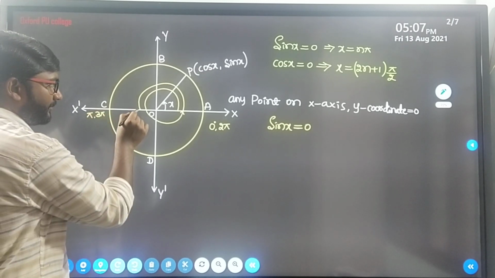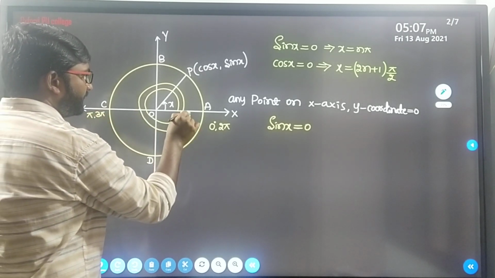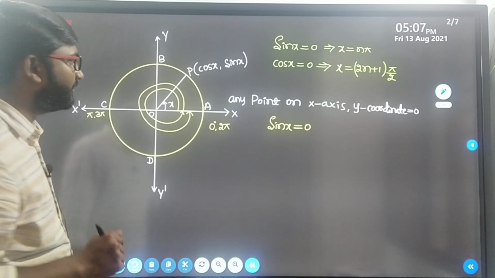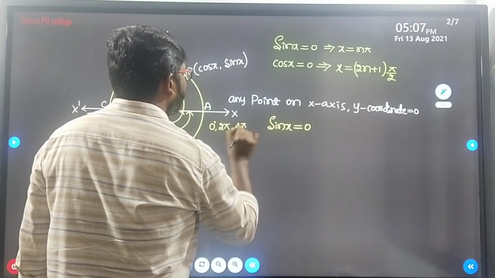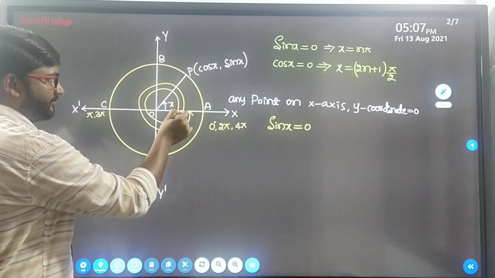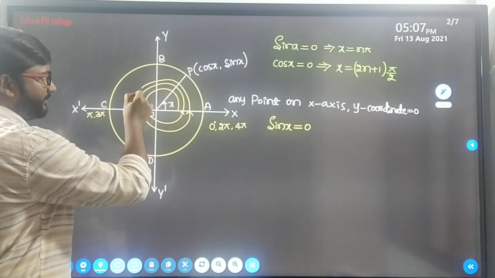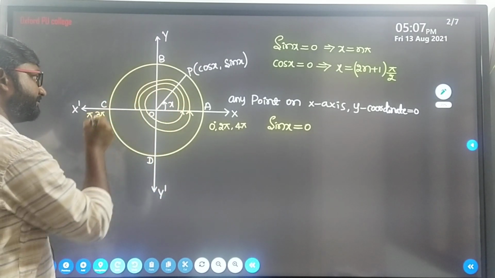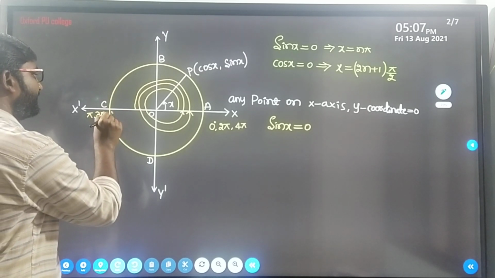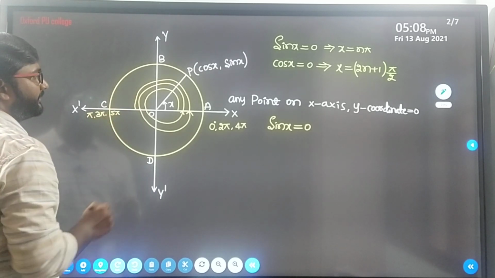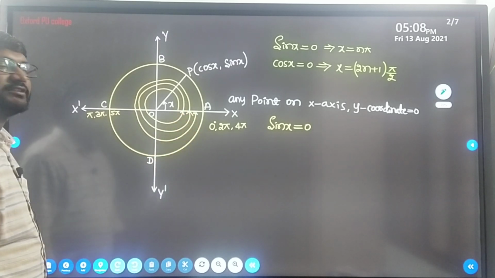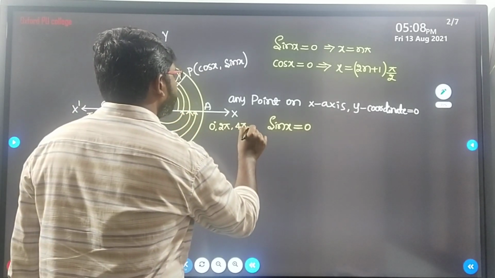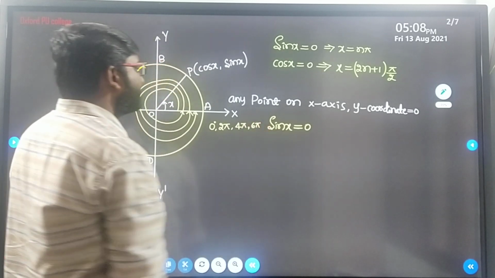Then from this to here, we have two complete revolutions, so it is 4 pi radian. Then one more revolution, till here it is 5 pi. Then 3 complete revolutions means it will be 6 pi.